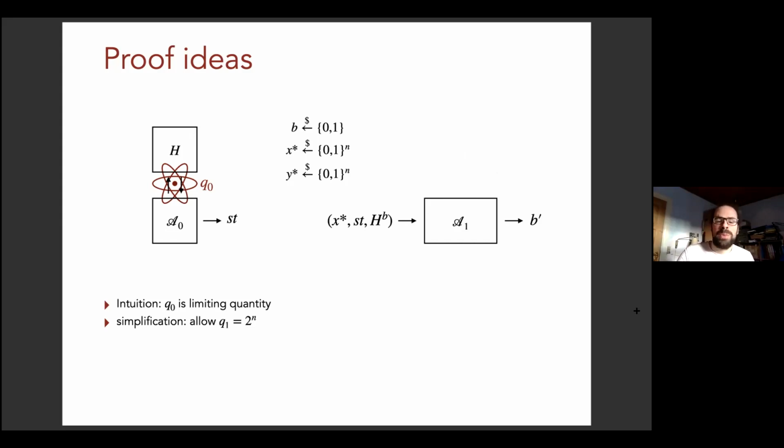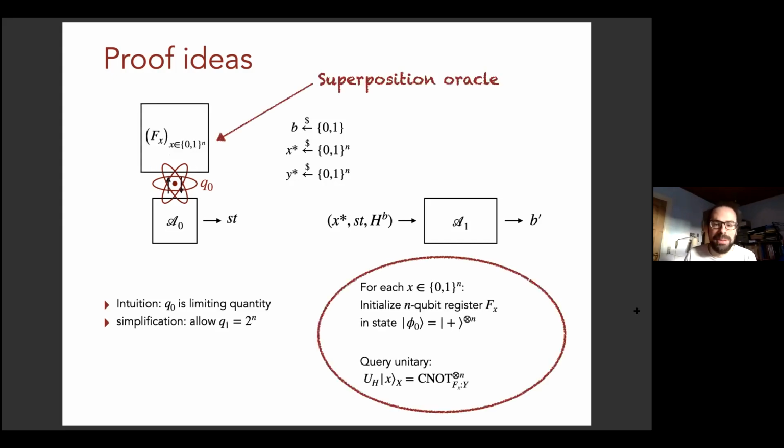Now, what we're still missing is a way to get a handle on the amount of information that A0 learns about H, right? So A0 makes quantum queries to H. We cannot keep track of which inputs are queried, etc. So this is a difficult situation, and that's why we introduced the superposition oracle into the situation.